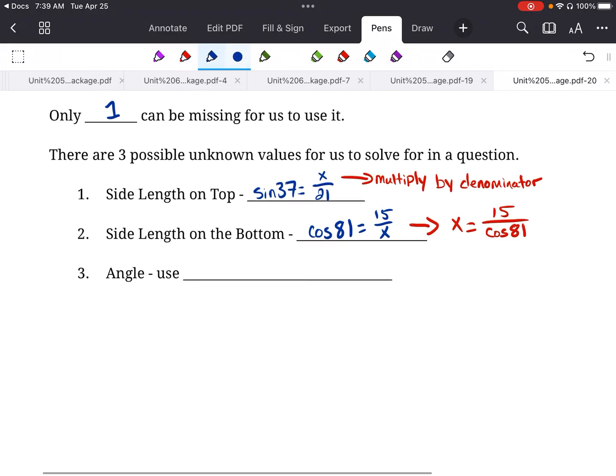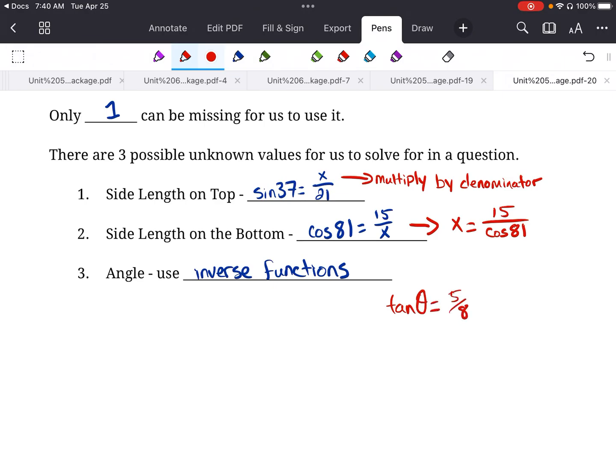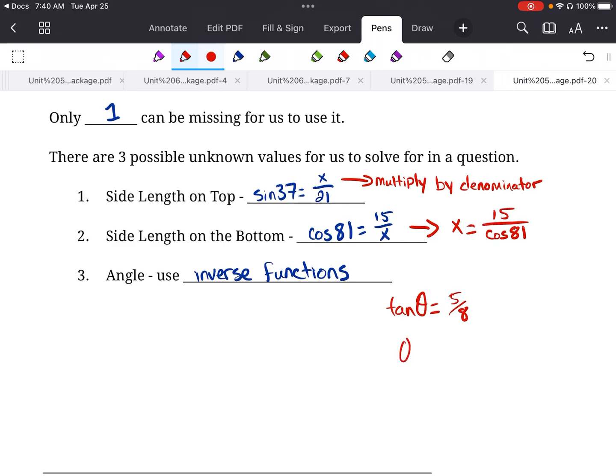And if you're looking for an angle, we're using inverse functions. You learned about this in grade 10 as well. If we have tan theta equals 5 over 8, the angle is tan inverse of 5 over 8. If you're on an iPhone, you'll press the second button to get to the inverse. If you're on a regular calculator, you'll press shift.